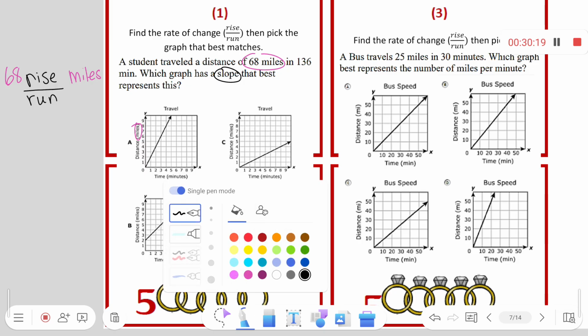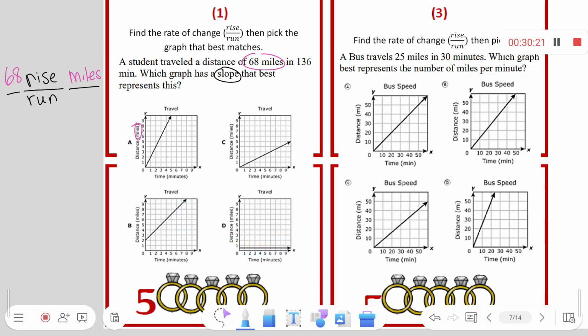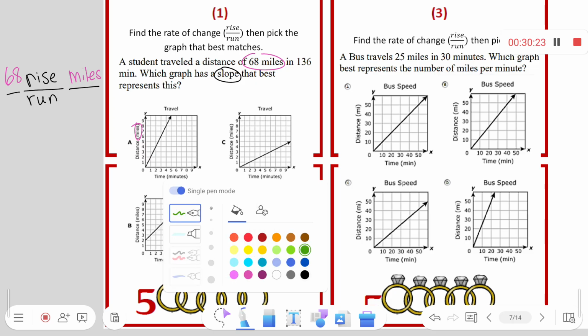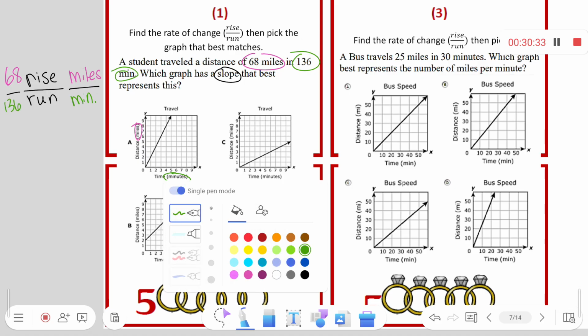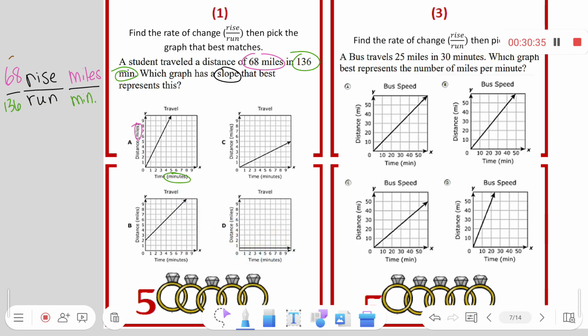Now I need to divide that by the run, but the run in all of these graphs talks about minutes. And the problem says 136 minutes. So I know that the slope is 68 over 136. So I'm going to try to go up 68 over 136. Small problem, these numbers on the graph don't go up that far.